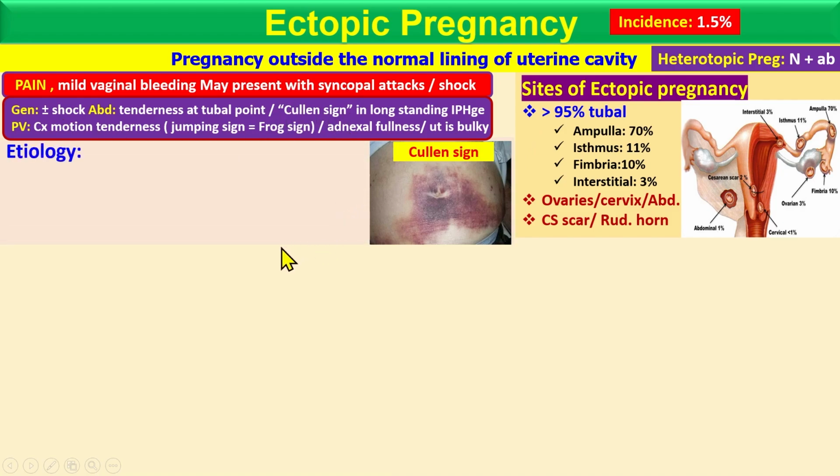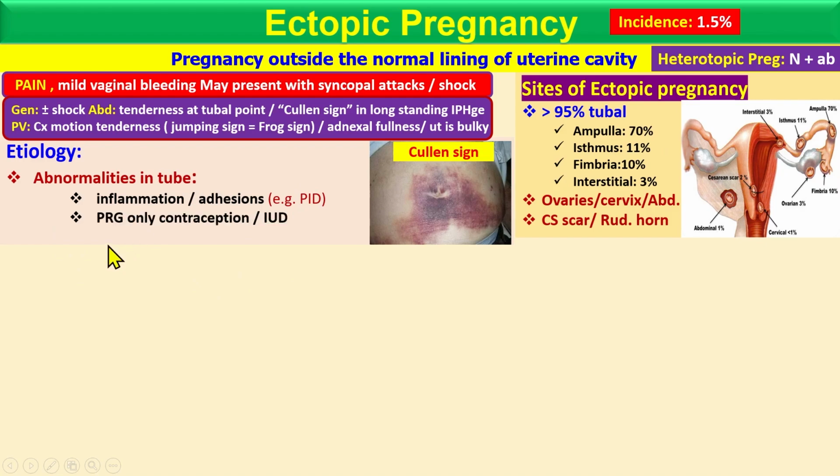Okay, and in the etiology, the main etiology is abnormality in the tube, either structural or functional. Due to inflammation or adhesion, or infection in the pelvis, for example pelvic inflammatory disease, you will see inflammation and adhesion, which is a risk for the ectopic pregnancy.